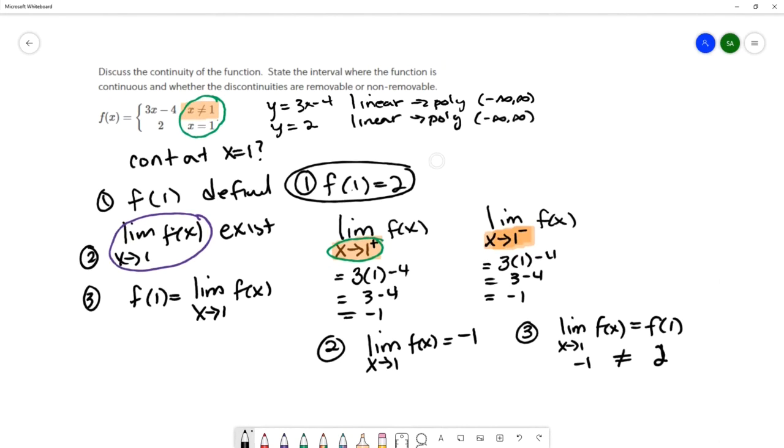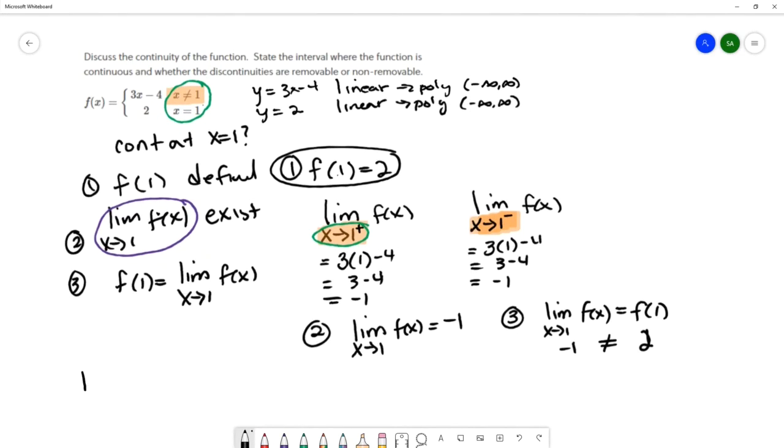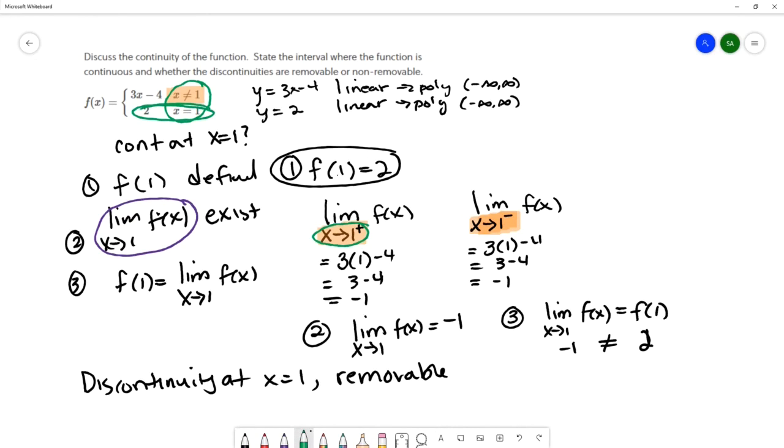So we do have a discontinuity at x equals 1. This discontinuity will be removable. And the reason why it's removable is because if we just change this one value, this 1 point is the problem.